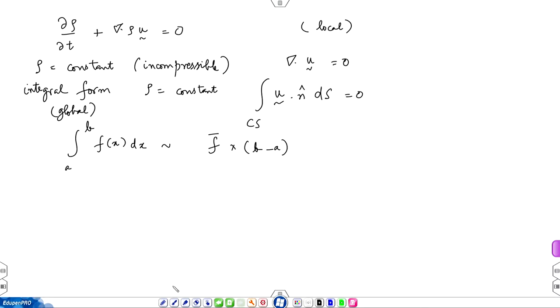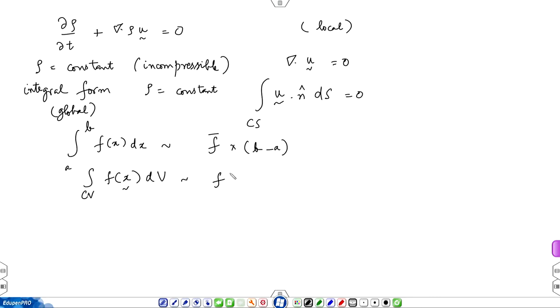So, f may have some variation, but you get its average value in the calculation. So, suppose it is let us say a volume integral where f now depends on, okay, just to use the same notation as before. Let us say you evaluate this function that can change from point to point in a given volume.